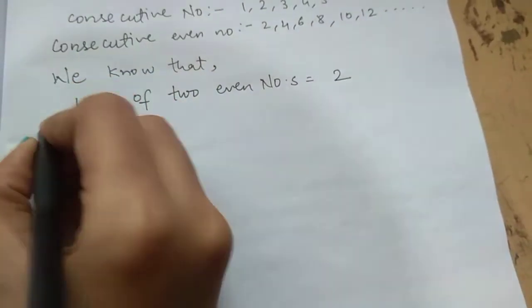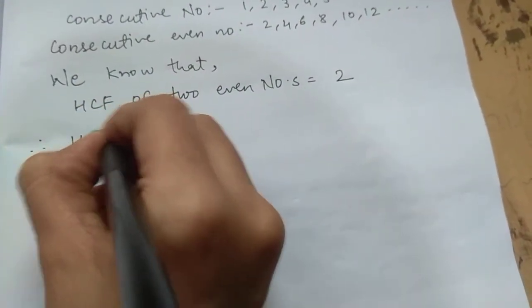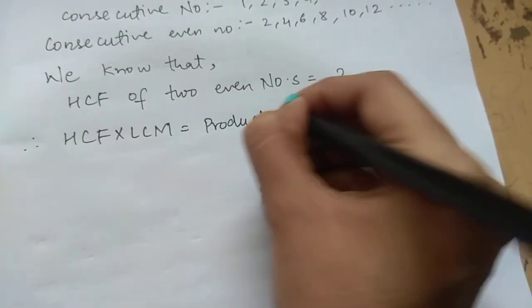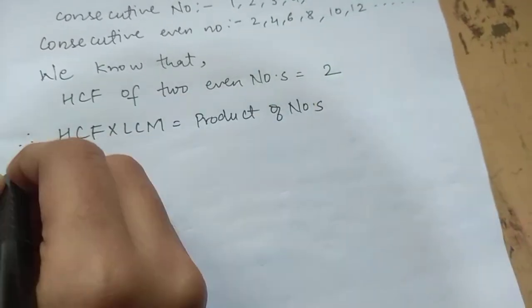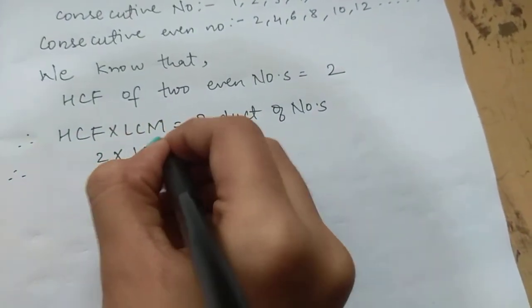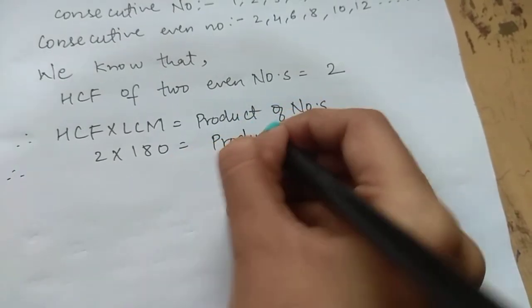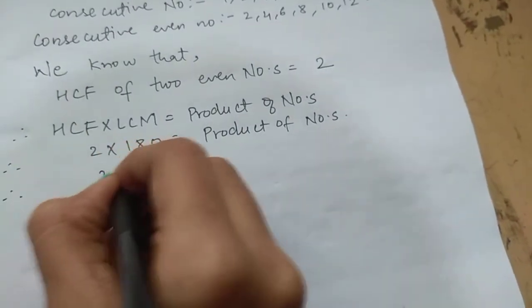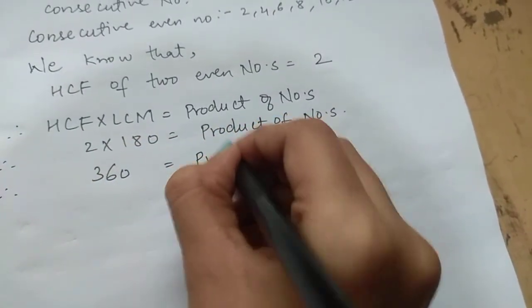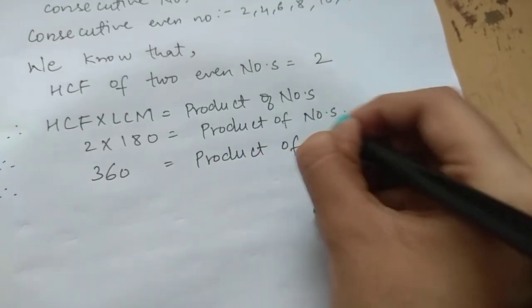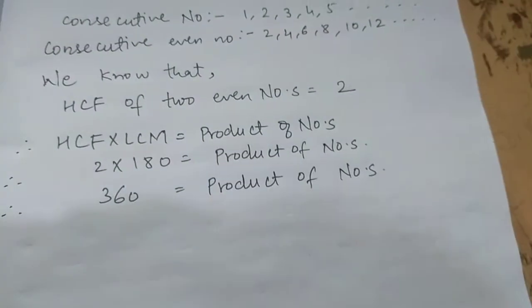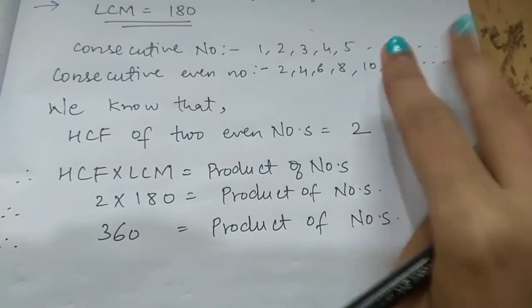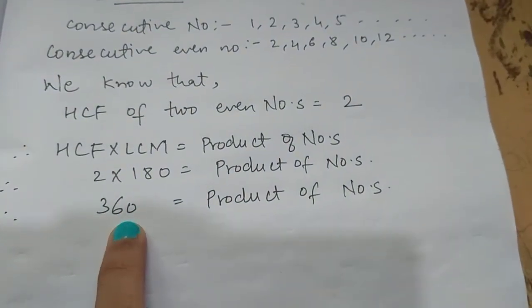We have one more thing, the property HCF into LCM equals product of numbers. Therefore, 2 into 180 equal to product of numbers. Therefore, 360 equal to product of numbers. This means that the two consecutive even number, when we multiply both of them, their answer should also be 360.